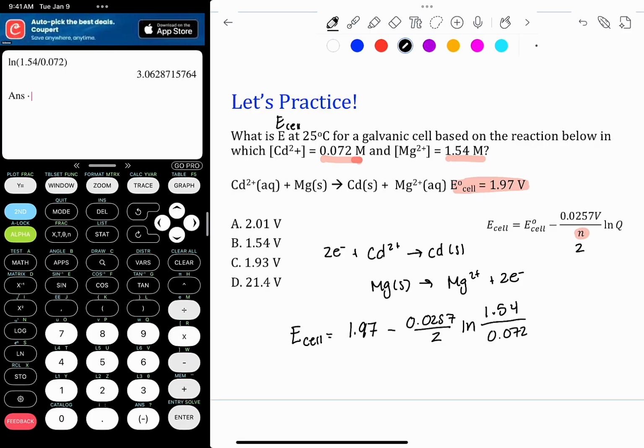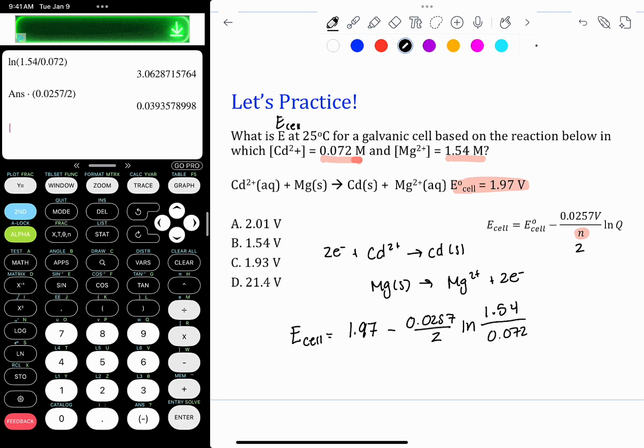And then we multiply that by 0.0257 divided by 2, making sure those are in parentheses together. And then I'm going to do 1.97 minus my answer. And we get that E cell is equal to 1.93 volts. So you should have got an answer of C for that one there.